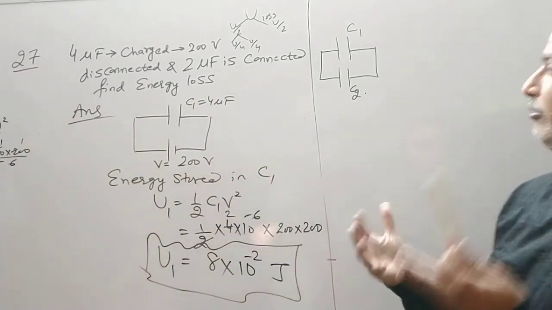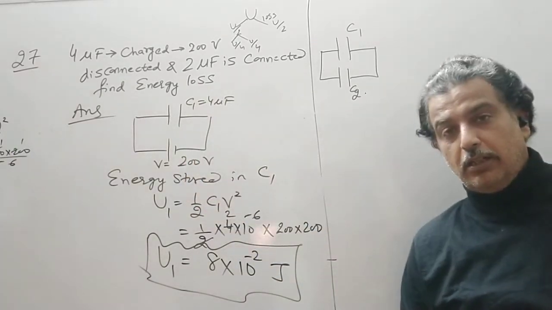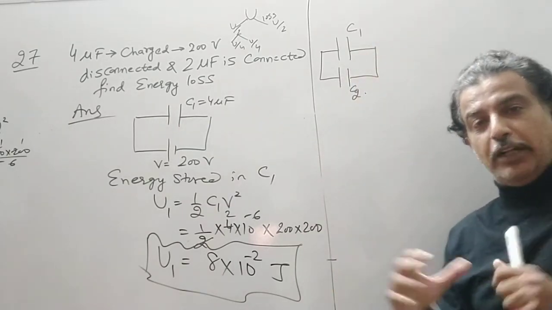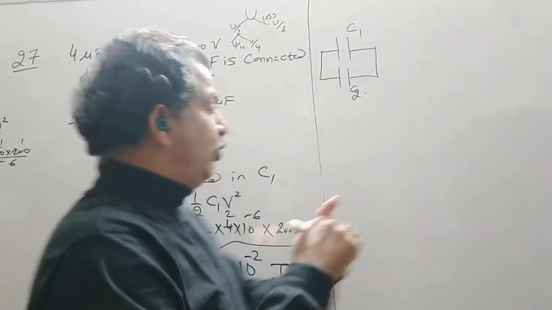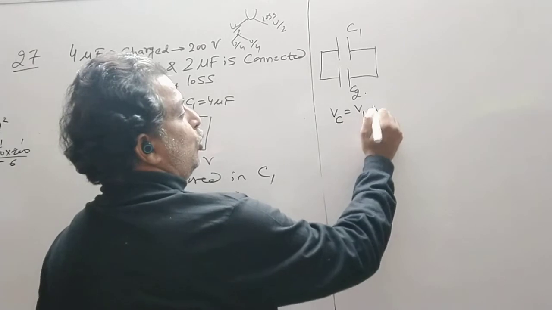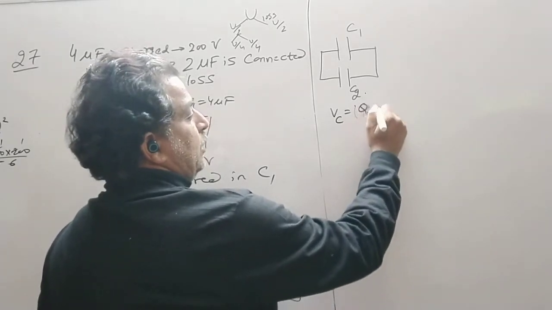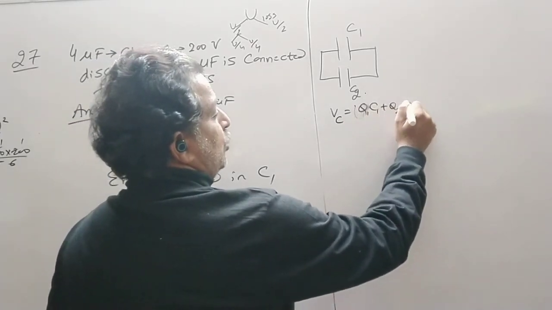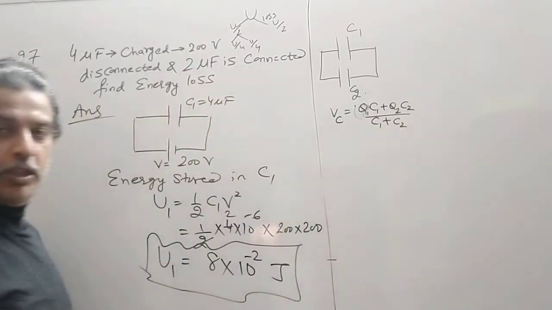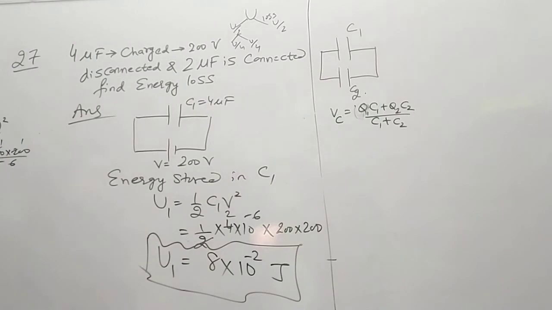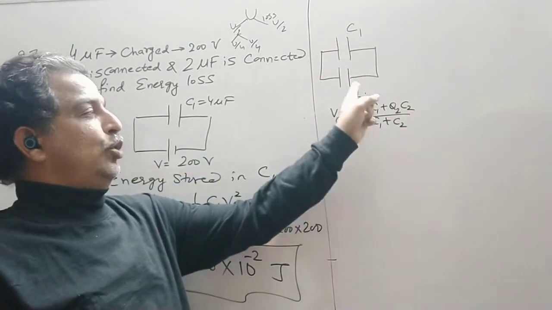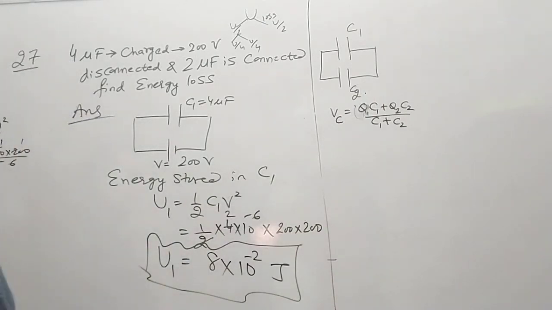Now we will see what is the common potential of C1 and C2. So one concept is to find out the common potential, and if you remember, the common potential has two formulas. Vc is equal to Q1 C1 plus Q2 C2 upon C1 plus C2. But for this we need charge stored on C1 and charge stored on C2, which is not available.